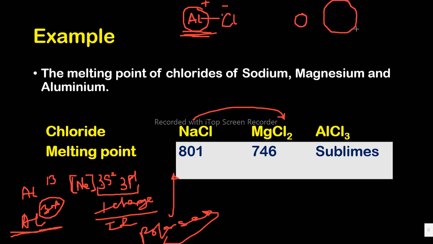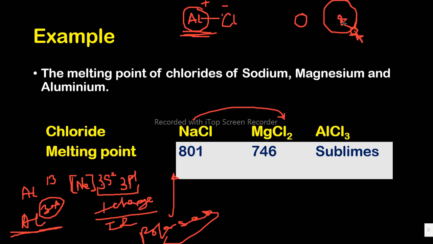If the two are bonded together, these outermost electrons will be closer to the nucleus of aluminium than to the nucleus of chlorine. So they will be strongly attracted to the nucleus of aluminium than to the nucleus of chlorine.